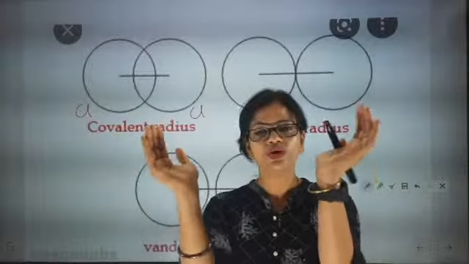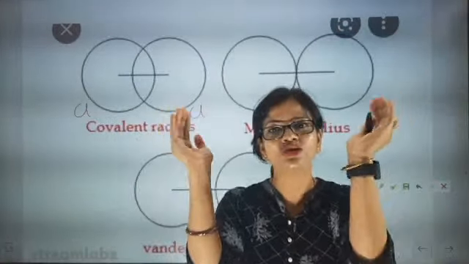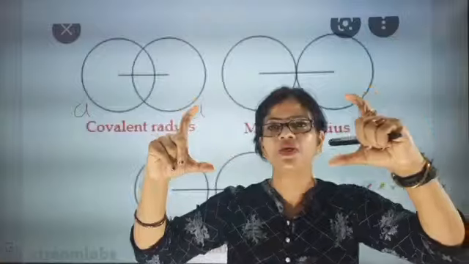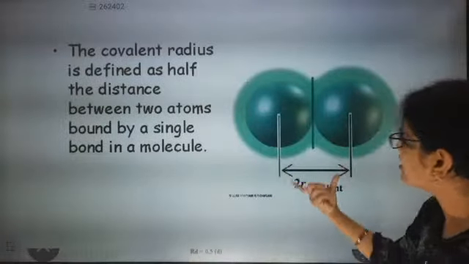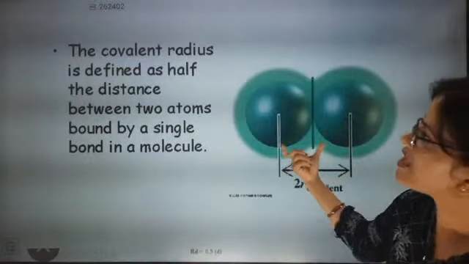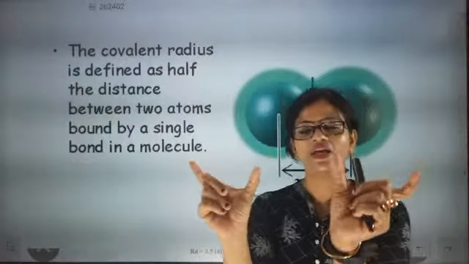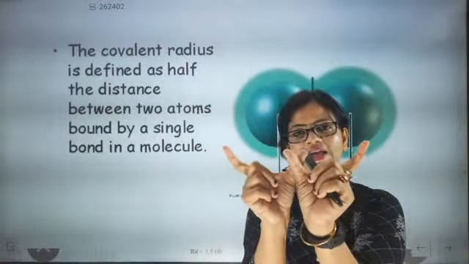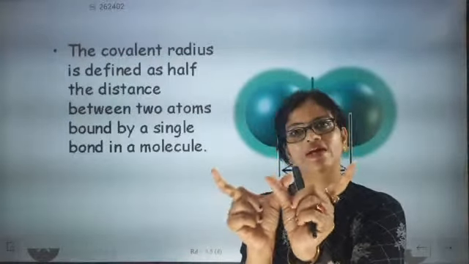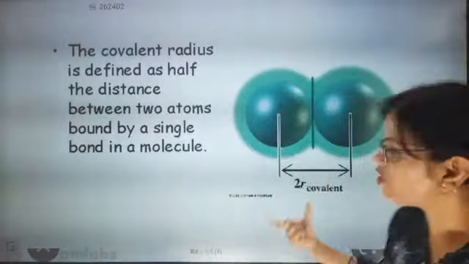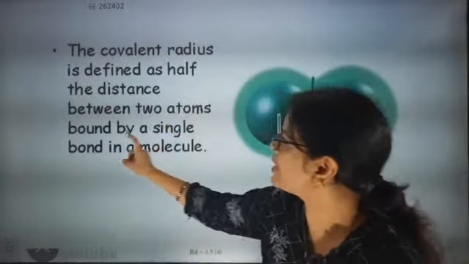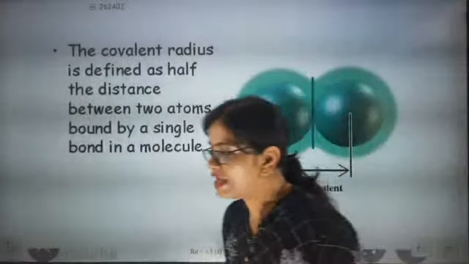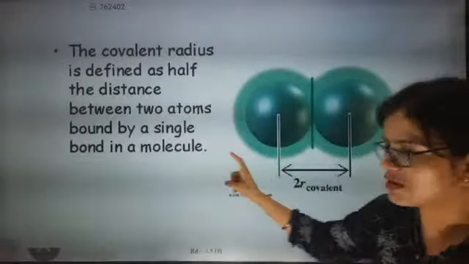You see the electron clouds of the outer valence shell, when they come together, merge with each other, and the radius is formed like this. This is called covalent radius. Non-metals combine and make a compound, with a sharing of electrons, so the bond is formed here. It is called covalent radius. It is defined as the distance between the 2 atoms bound by a single bond in the molecule. This applies absolutely to halogens.